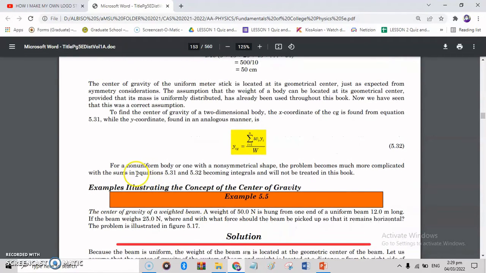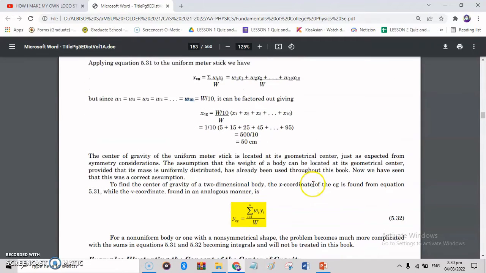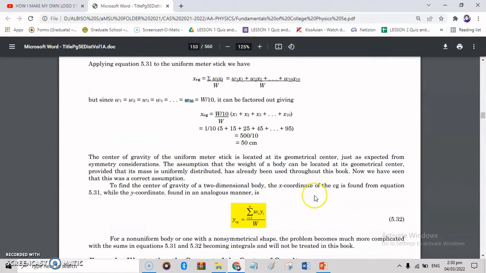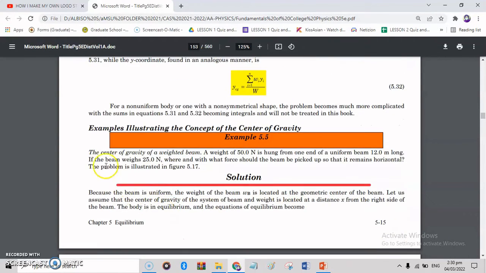For a non-uniform body or one with a non-symmetrical shape, the problem becomes more complicated, with the sums in equations 5.31 and 5.32 becoming integrals, and will not be treated in this book. So we will no longer discuss integrals; we assume that the objects in all the problems here are uniform.